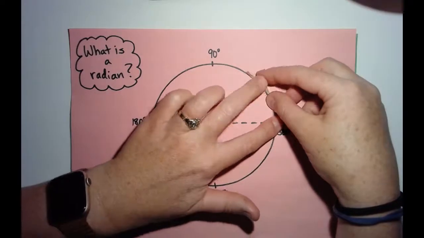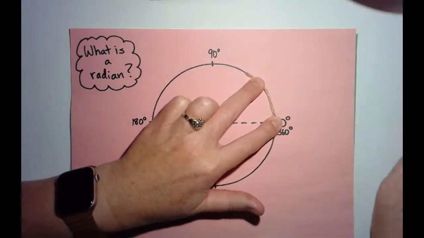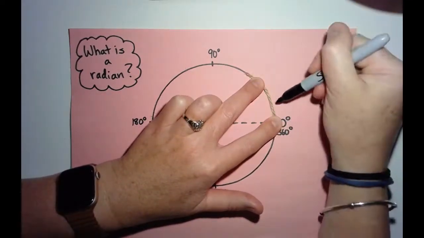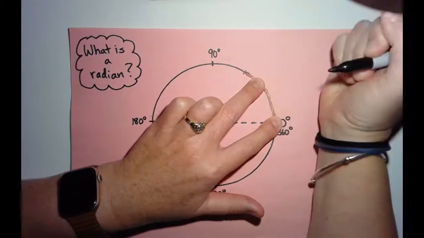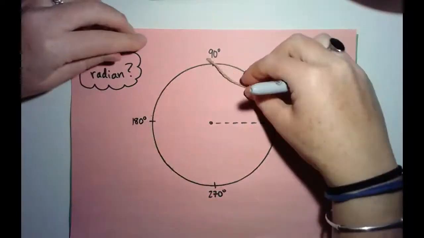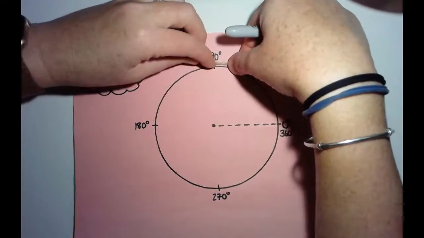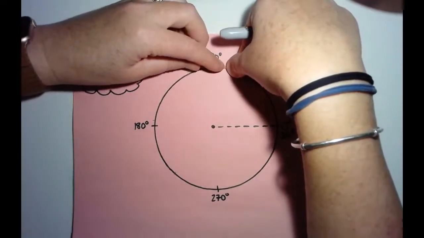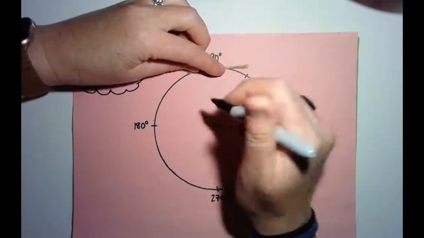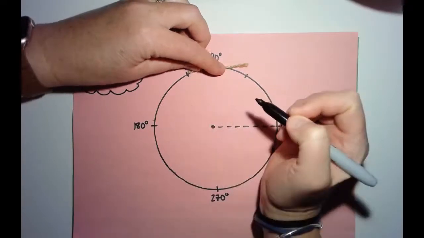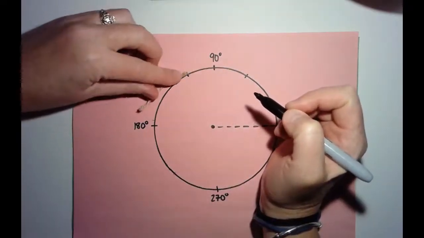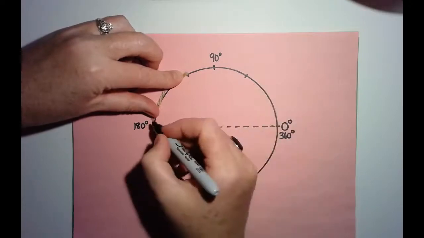I can take one radius and lay it flat around the edge of the circle and make a tick mark right there. And then continue around the circle. I'm going to lay it down and make another little tick mark at the end of it over here. And then continue around, make another little tick mark.